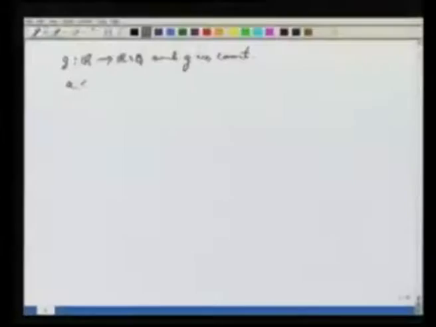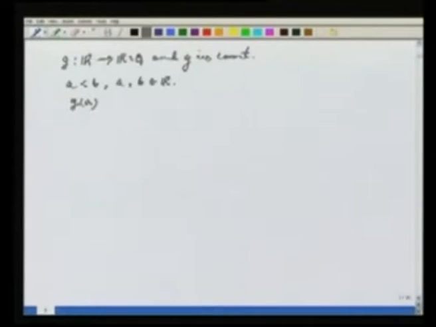Now let us see what more can I say about it. Let's try to use the intermediate value property on the function g. Okay, so let us take some a strictly less than b, where a, b both are real numbers. Then let us look at g(a) and g(b).